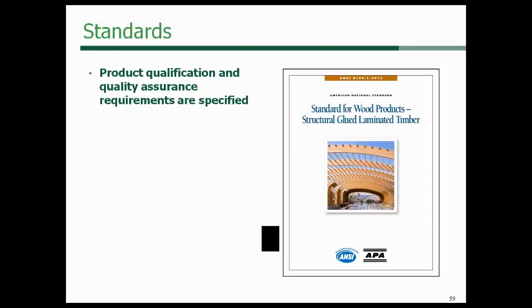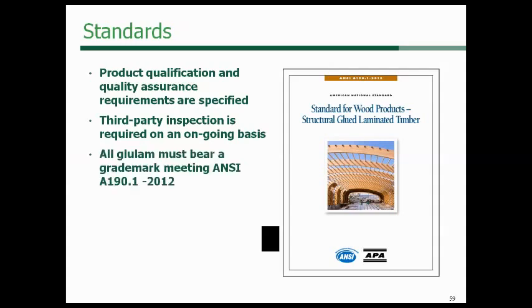So the standards that exist for Glulam are for not only the product qualification and the quality assurance, but it also has requirements for third-party inspections as well as the grade mark requirements. So the standard for Glulam, as you can see here, is ANSI A190.1, and this is the 2012 version.